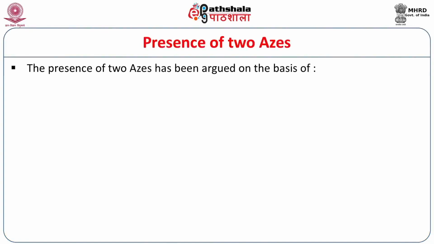Azes is represented as Azes in his coins. The obverse legend, as with the Indo-Greeks, was in Greek, and the reverse legend was in Kharoshthi script and Prakrit language. Now, how do we know about the presence of two Azes, or how do we identify the two Azes? We have certain signifiers.